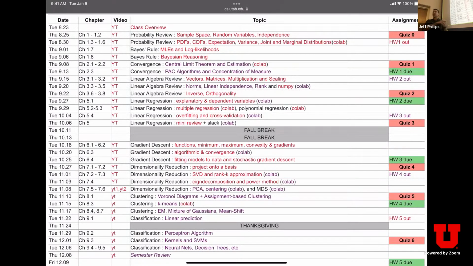I haven't finished creating the quiz yet, so I don't know exactly what's on it, but that's the sort of stuff. Look at questions 2 and 3 on the homework, and that should give you some sense of the sort of things we could ask. So, great. Any questions on the schedule?